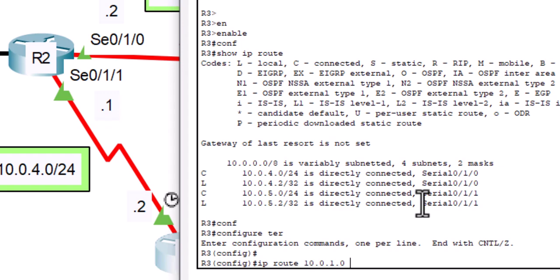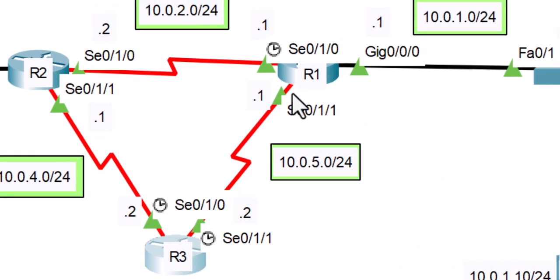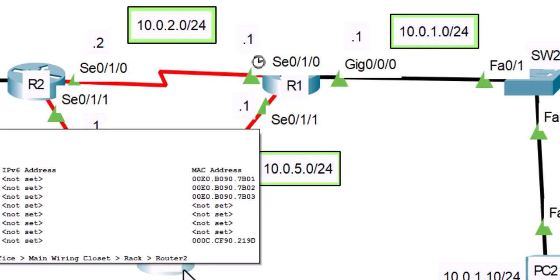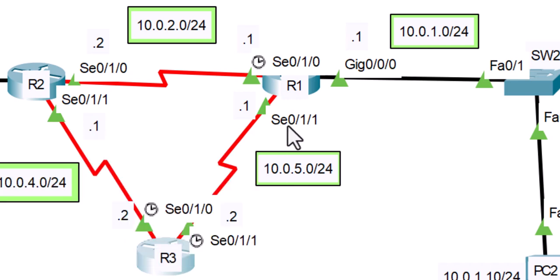For the first network 1.0, the next hop IP address will be the IP address of this interface. Okay, so in order to reach this network from this router R3, we need to use the IP address of this interface as the next hop IP address.